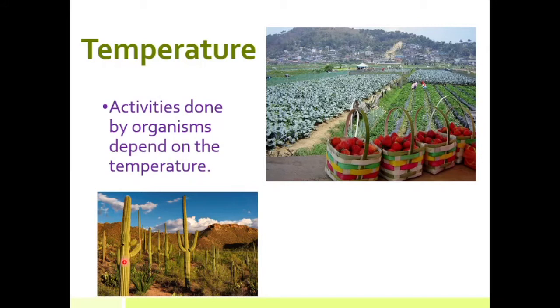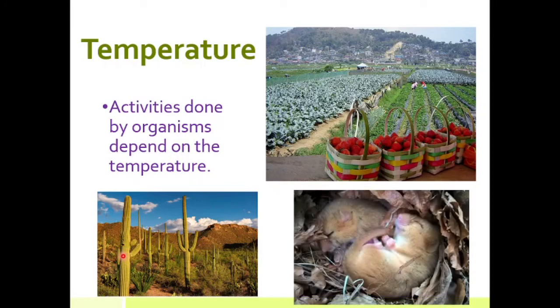So even though there is no water around the area, they can still survive the high temperature because they have a higher amount of water inside them. Also, temperature affects the rate of hibernation of different organisms. Hibernation is the resting of organisms during cold seasons or very low temperature.